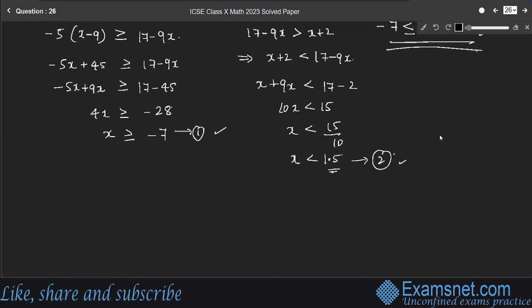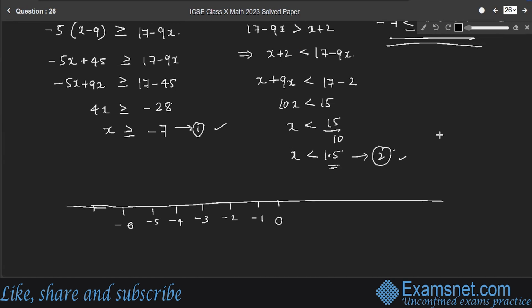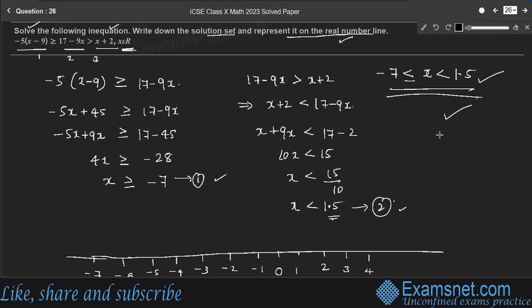Real number line means it contains negative integers also. So we'll start from 0, -1, -2, -3, -4, -5, -6 and -7. Up to -7 we'll consider. Along the positive x-axis we have 1, 2, 3, 4. Here the limits are -7 and 1.5.